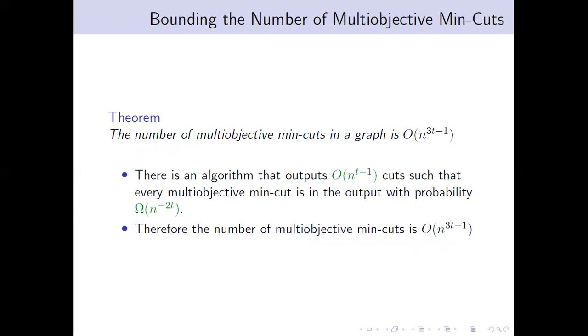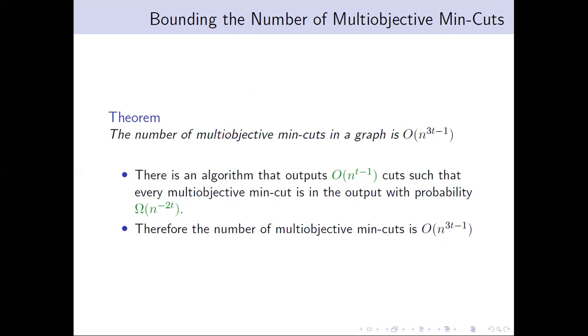Similarly, we give an algorithm based on random contraction that outputs O of n to the t minus 1 cuts such that every multi-objective min cut is output with probability 1 over n to the 2t. And this will show that the number of multi-objective min cuts is at most n to the 3t minus 1. So it remains to give such an algorithm.